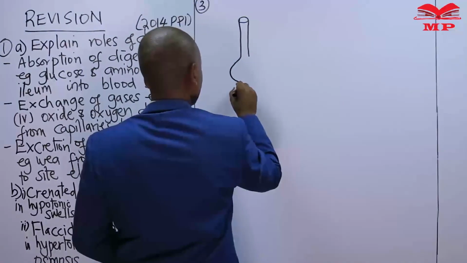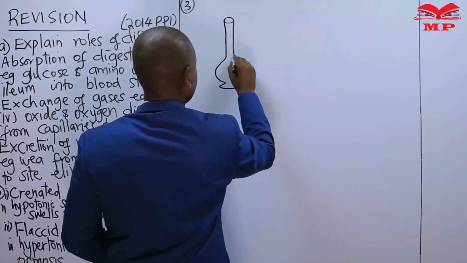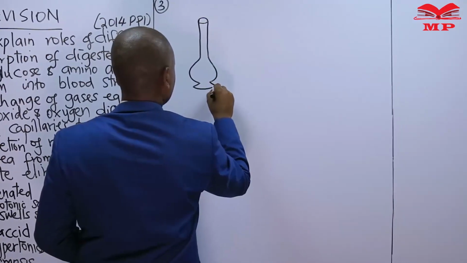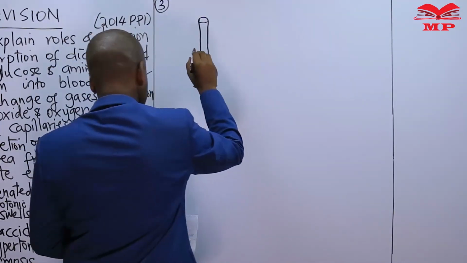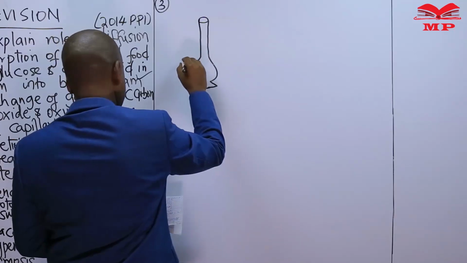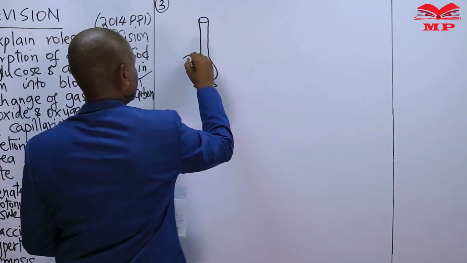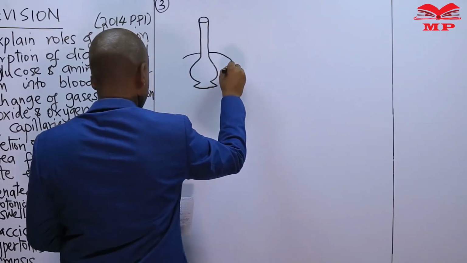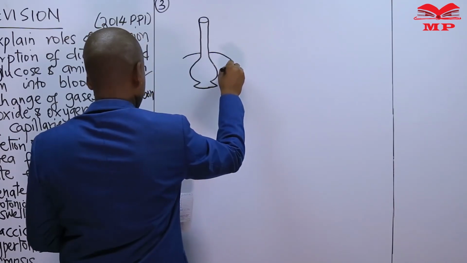So this is the diagram. That is the thistle funnel, and then that thistle funnel is placed in a beaker.